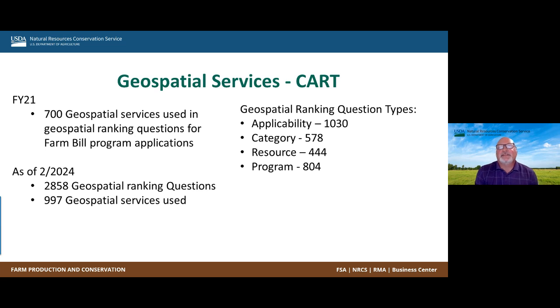So you can see that the bulk, actually the majority, are applicability questions. But there's also obviously a pretty good split between category, resources, and program type ranking questions that are also being asked. So this is looking at all data, not just national data sets being utilized, but all data sets being utilized within CART for geospatial ranking.